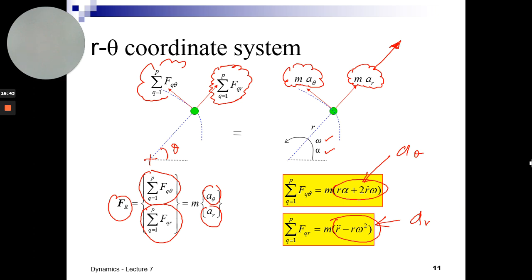You can refer to any textbooks or any other references on the application of r theta coordinate system. Then you may further understand the working principle of r theta coordinate system.